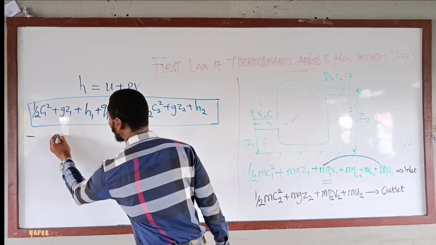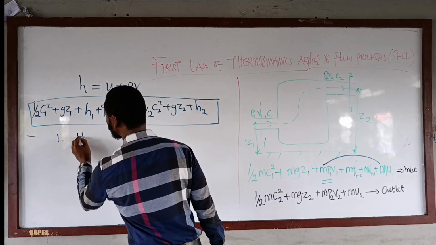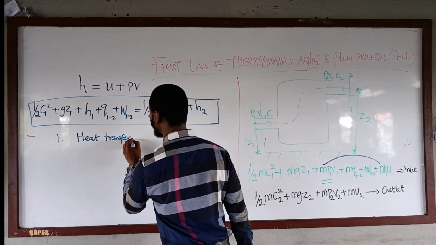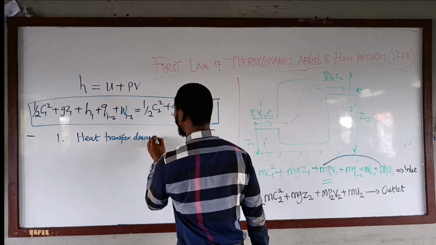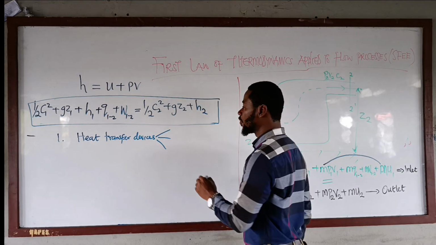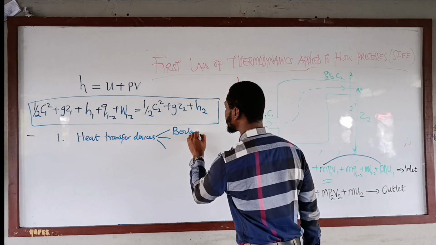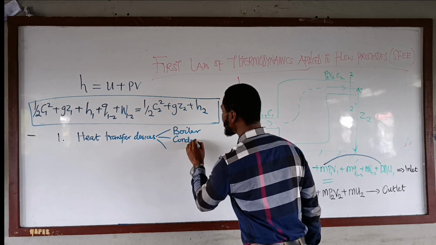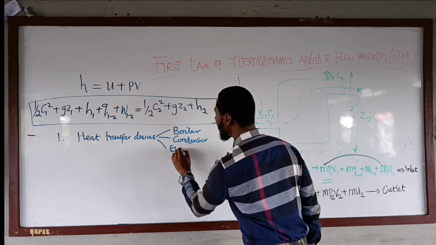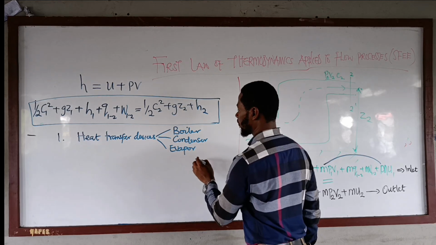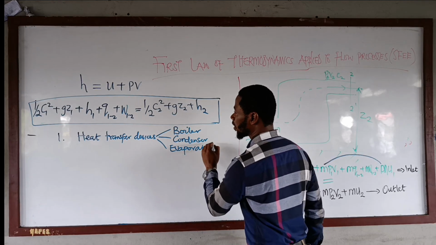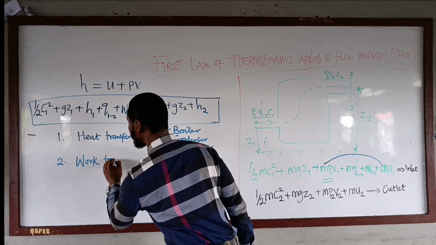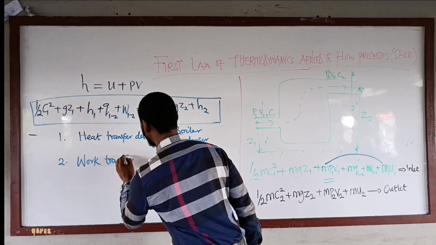Number one, heat transfer devices, which come in three different categories: the boiler, the condenser, and the evaporator. The second one is work transfer devices.